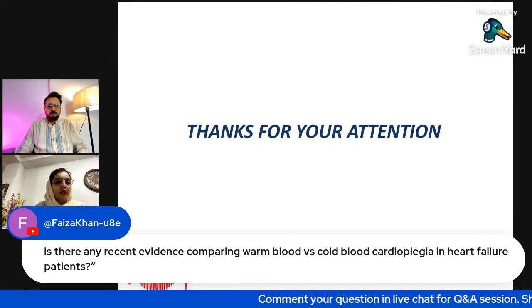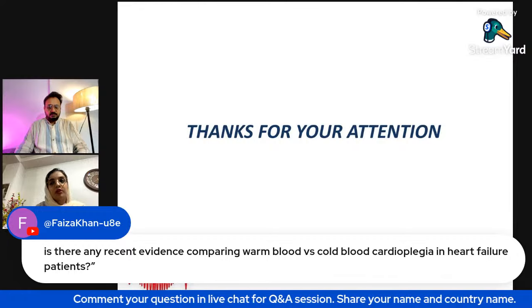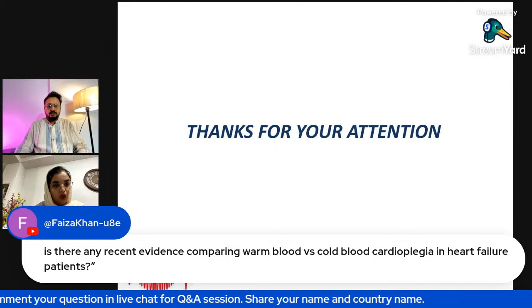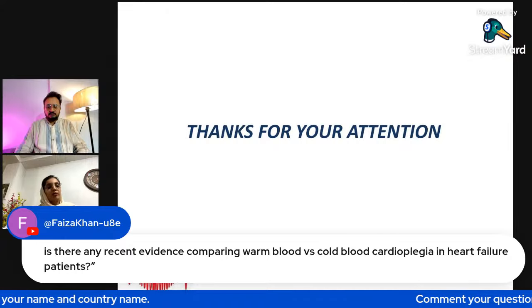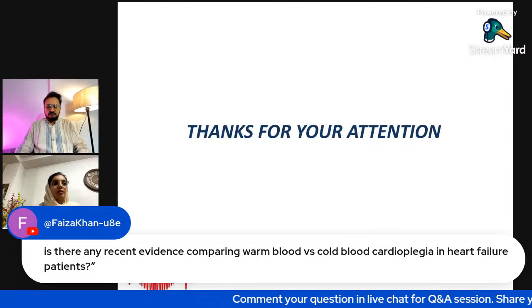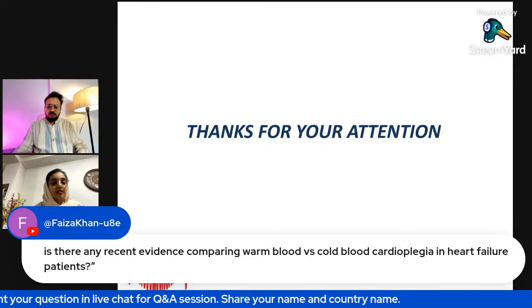We know that in patients who have heart failure, the metabolism of the heart is very low. So we can't inject cold cardioplegia solution, because by injecting cold cardioplegia solution we reduce the metabolism, and after the reperfusion we may not be able to start a normal rhythm of the heart.